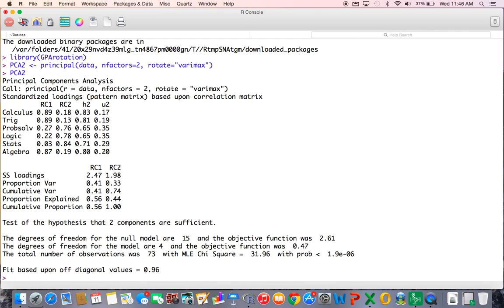It looks to me that the communalities did not change, but clearly the eigenvalues did change. So now our factor loadings are much more interesting. If I look down on component number 1, what I want to look at here are the loadings greater than 0.3.